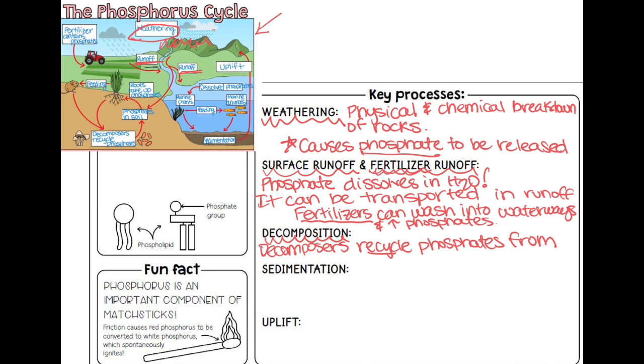Where are they getting all these phosphates? From, yes, dead organisms. There you go. So over here, we've got our fungi. Back over there, we've got our bacteria. They're recycling the phosphates.